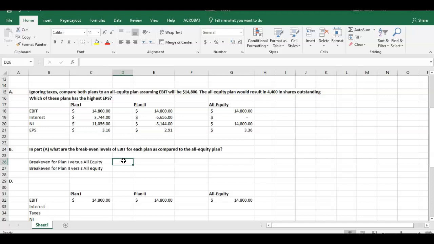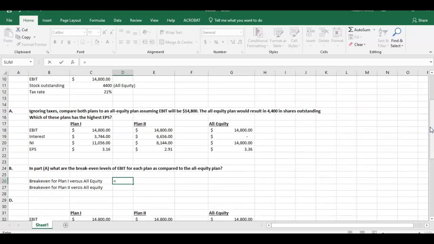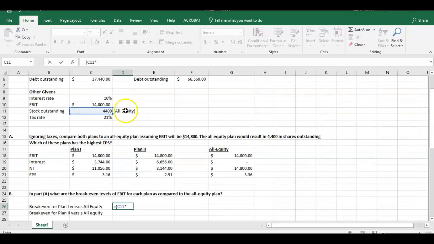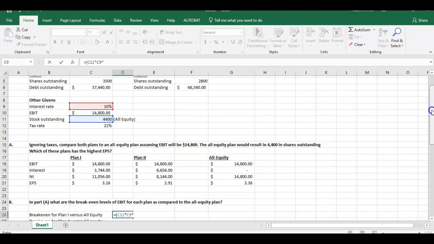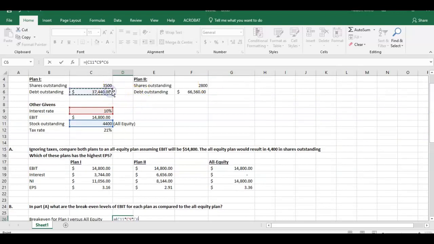To do this, for plan number 1, we could just press equals, and you can follow this equation with me as I go through. In our first component here, we'd open a bracket and we're going to start with the number of shares outstanding for an all equity firm. So we're going to take 4,400, and then multiply this by the interest rate, 10%, multiplied by the level of debt we would have in plan number 1, so multiplied by 37,440.